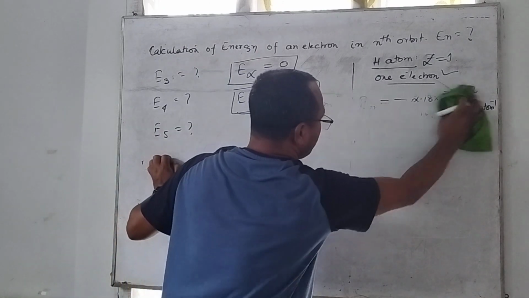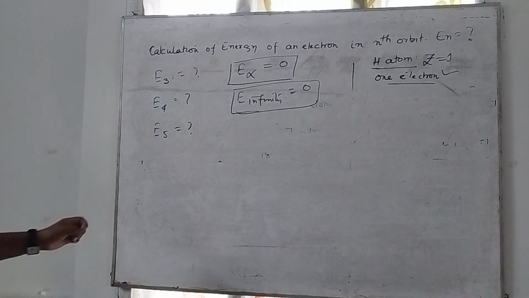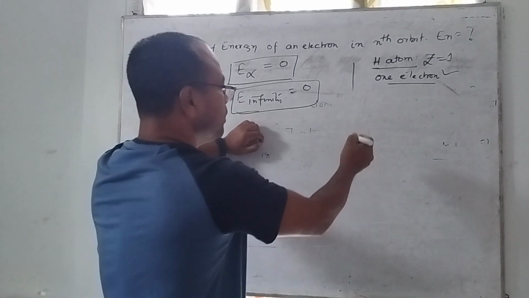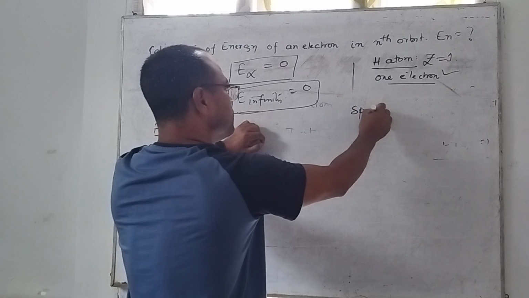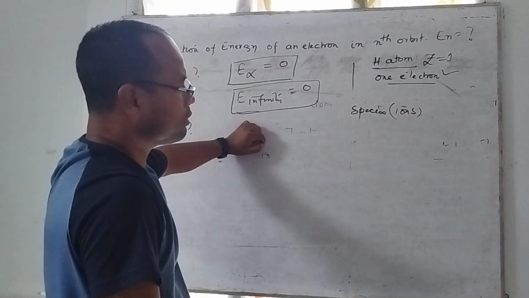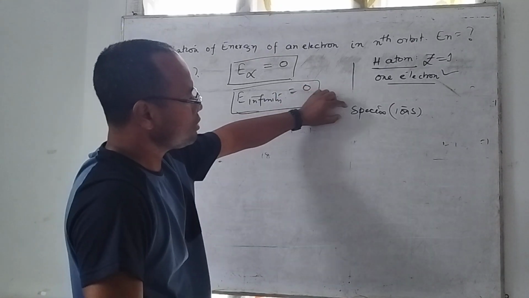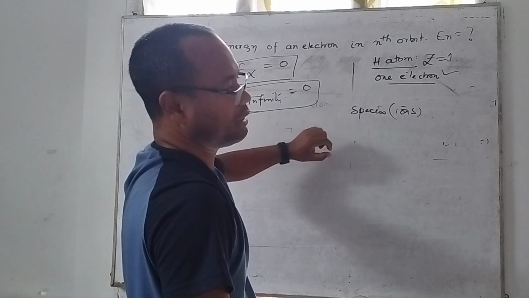Then when we calculate for hydrogen, we use the formula, but we have other species. Species, we can say the ions, containing only one electron.